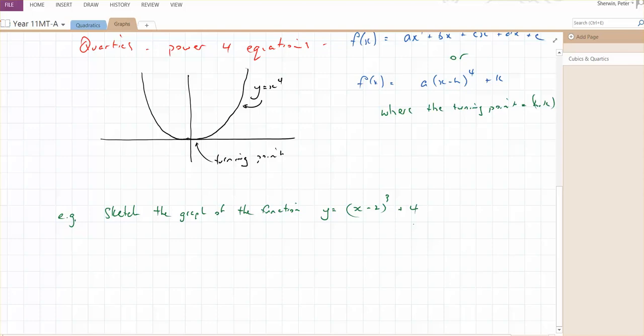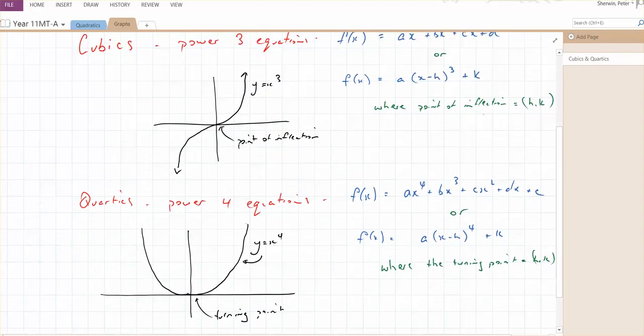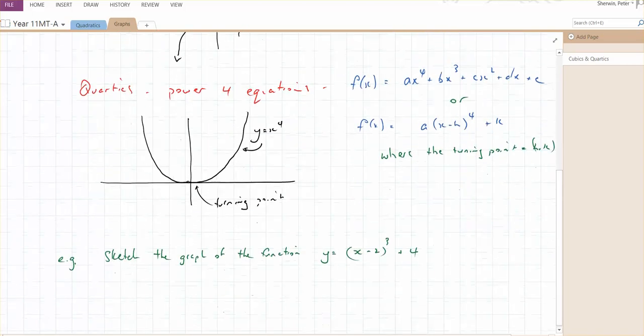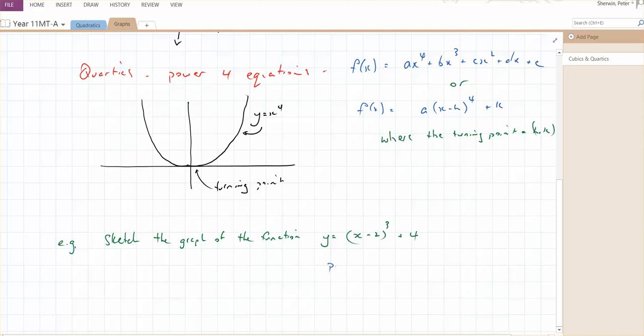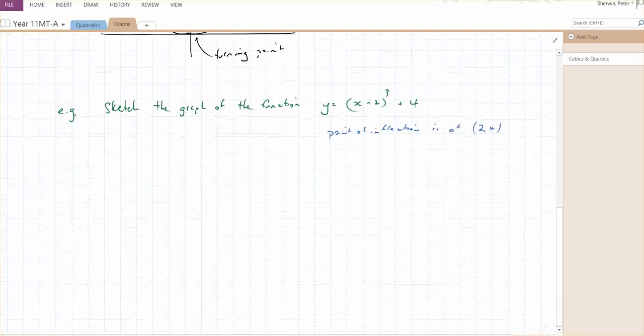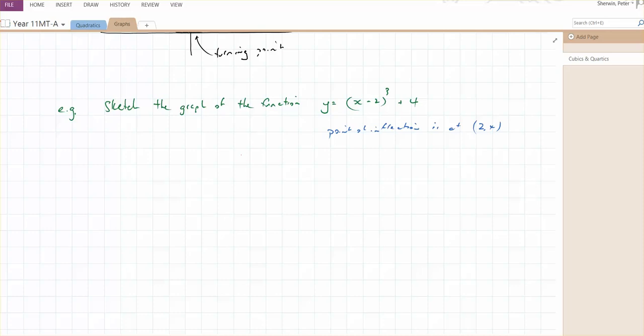Okay, so what this tells us is that we have a cubic. So a cubic has a point of inflection at (h, k). So here, our point of inflection is at (2, 4). So we're going to draw ourselves a nice little cubic.